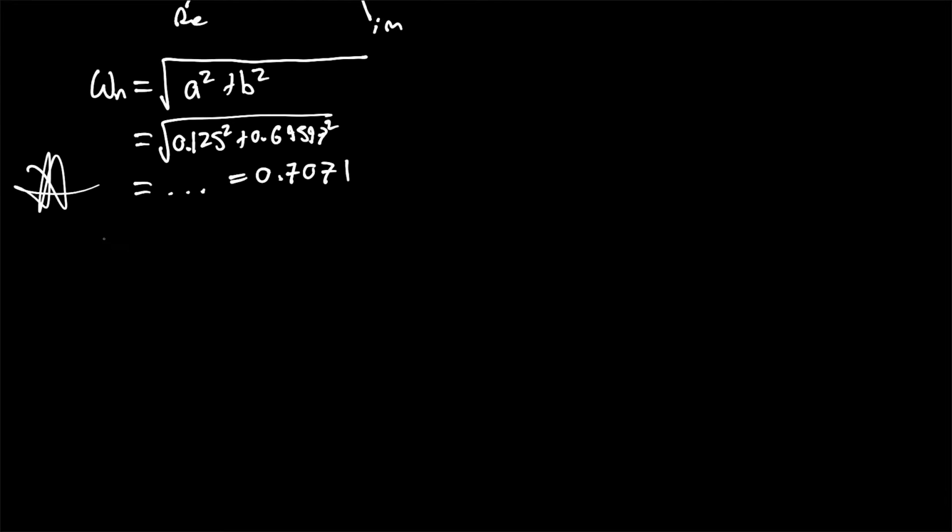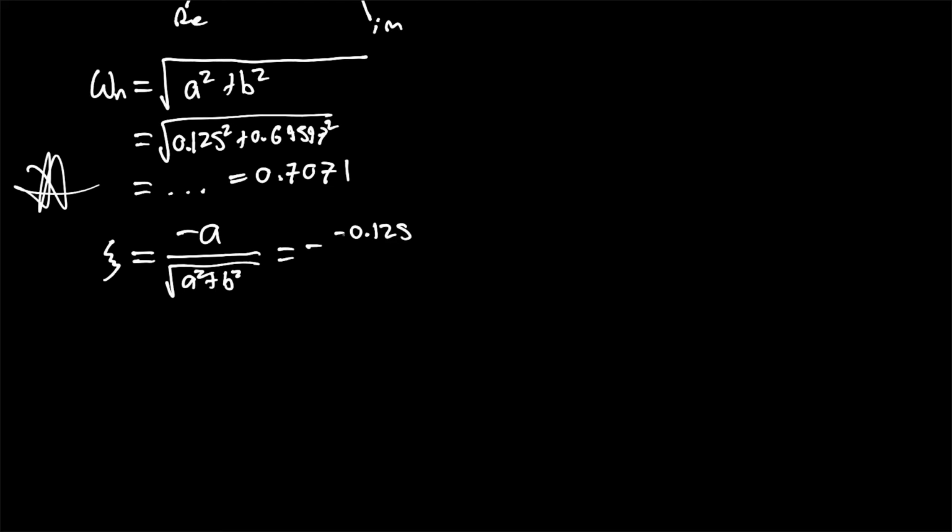Next, we want to define the damping coefficient. The damping coefficient can be defined as the real component a divided by the magnitude of the root, the square root of a squared plus b squared. And that's going to give us, our damping coefficient is going to be negative a. Sorry, I forgot the negative sign in there. This is going to be negative 0.125.